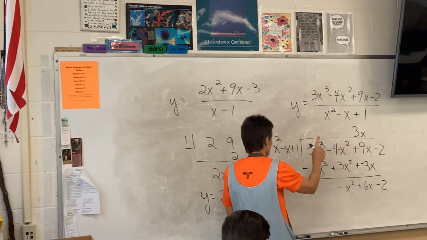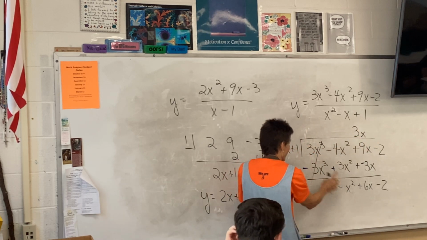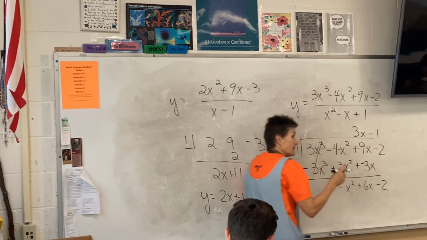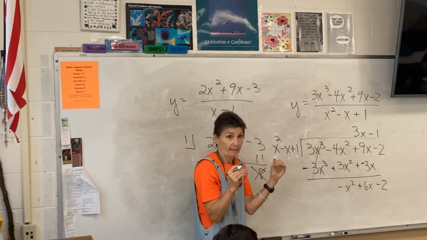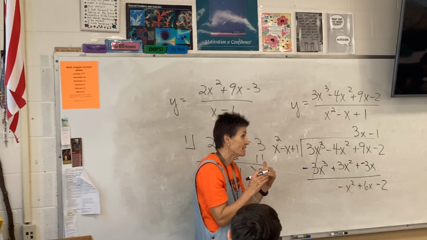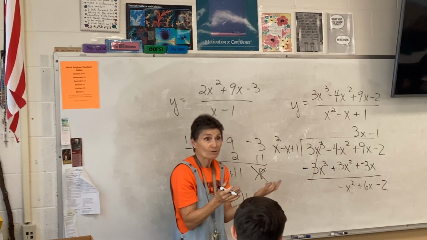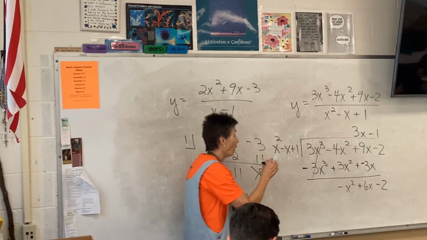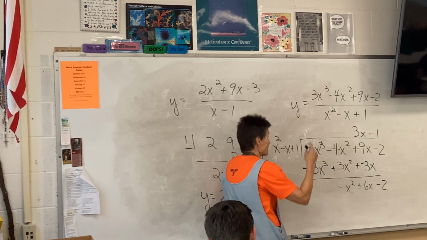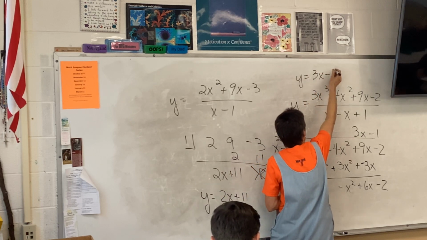Now my goal is to put something up here that when I multiply it times x squared, I get negative x squared. Minus 1. And here's the good news, we're done. Because anything else that happens in the problem is going to be the remainder, and remainders don't matter with slant asymptotes. So what would be the slant asymptote, or the end behavior asymptote for this problem? Y equals 3x minus 1.